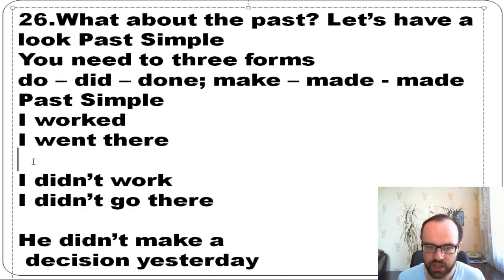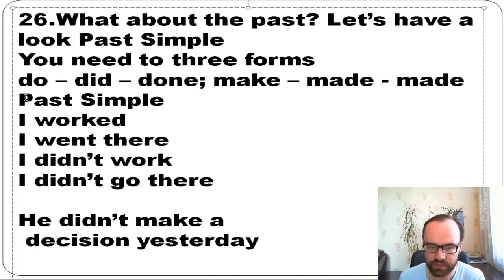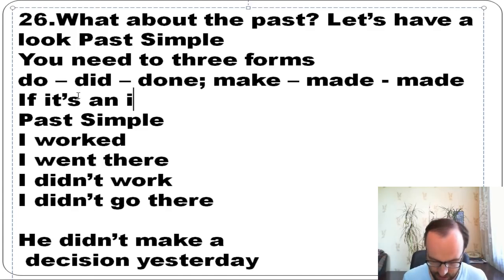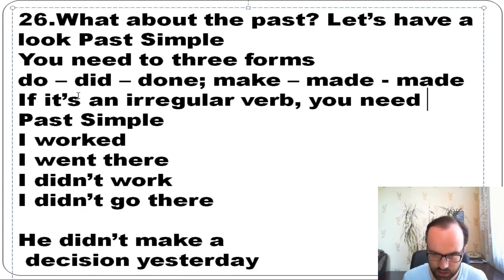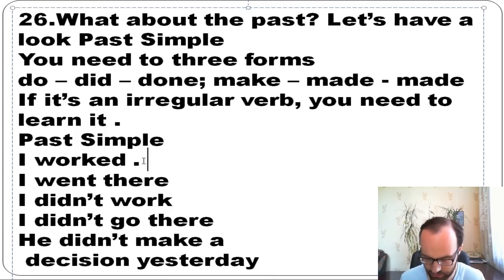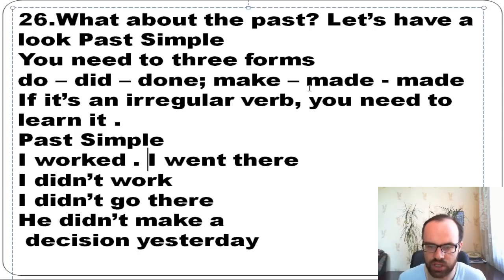If it's an irregular verb, you need to learn it. Like here, do, did, done, make, made, made. So you need to remember it. You need to learn it by heart. By heart, it means you need to remember it.